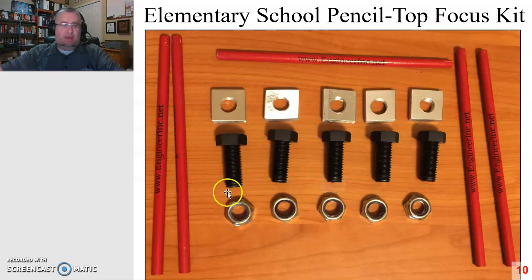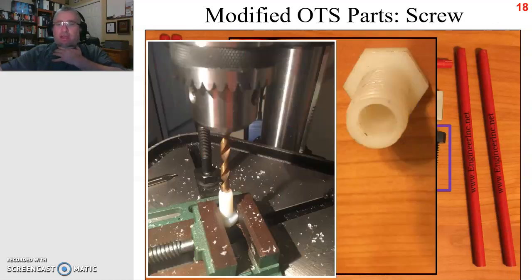But the teachers do also have the option of selecting between black nylon screws and the white nylon screws that I was showing you in the previous image. So that does give them a little bit of customizability, right? I think Ford is famous for saying that you can have a car any color you want so long as it's black. Well, in my world, you can have a pencil top focus toy of any color so long as it's either off-white or black.